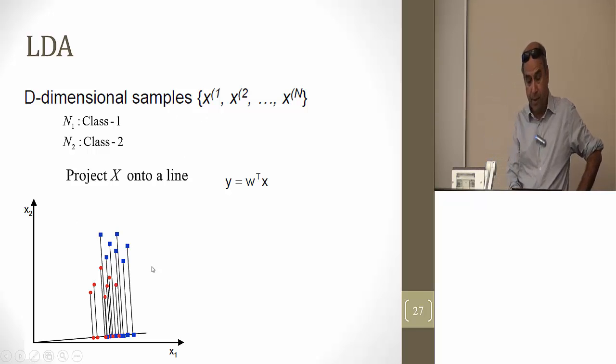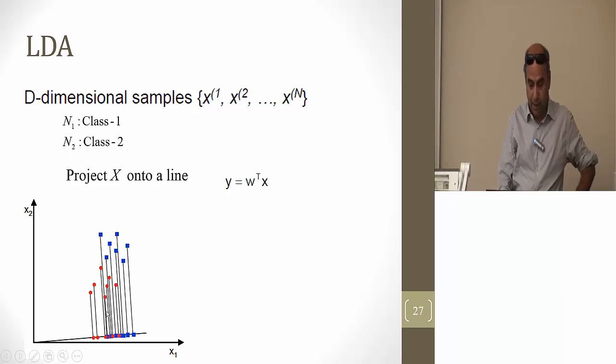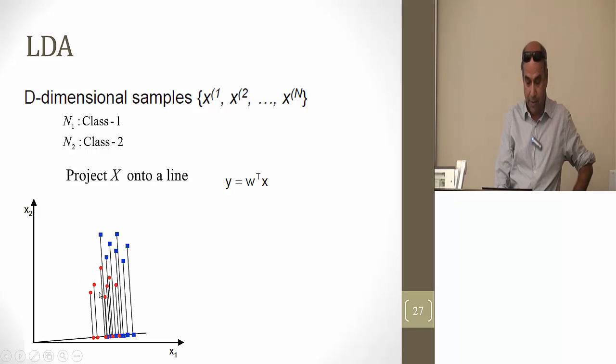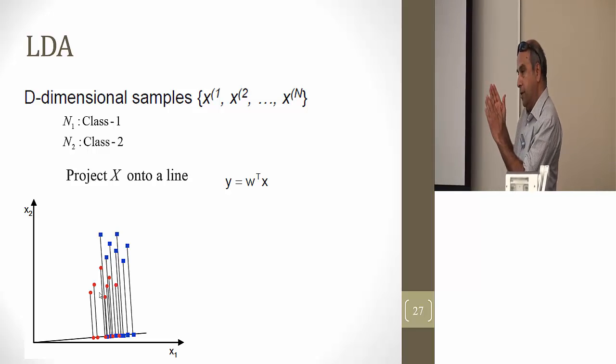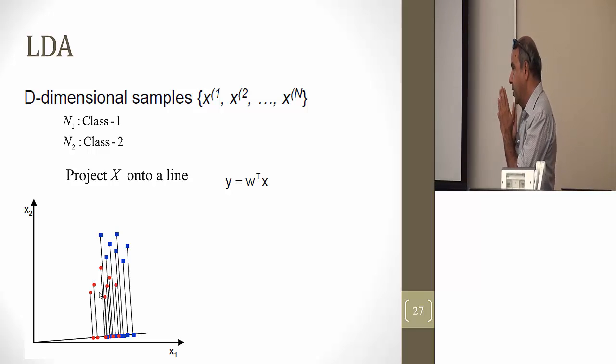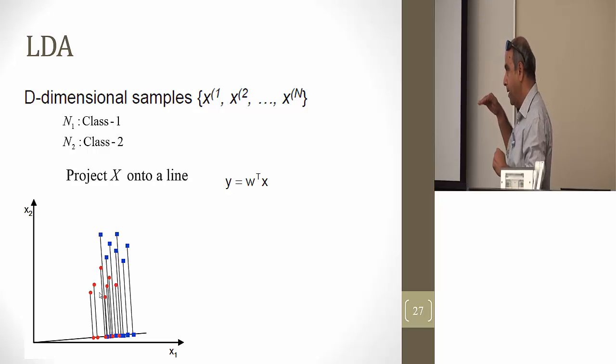Different views of the green person are here, different views of the red person are here. As you see, it's very difficult to distinguish because they're so close. So let's say we project them on this line which is showing. Again, that's not possible because the red and green are overlapping. It's not a good projection, so we cannot distinguish between them.